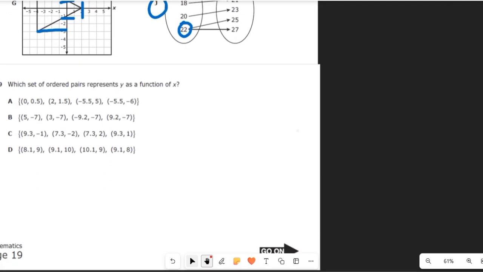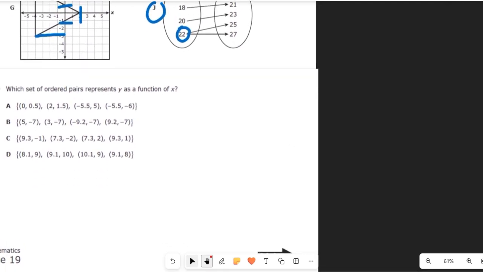Now let's analyze the last question, which is question 19. Question 19 says, which set of ordered pairs represents y as a function of x? Now we're going to apply that same principle.